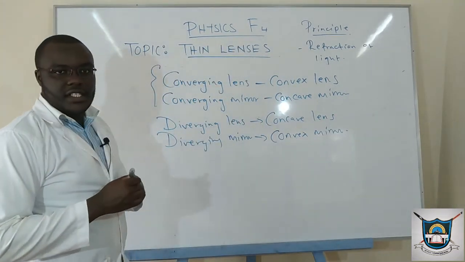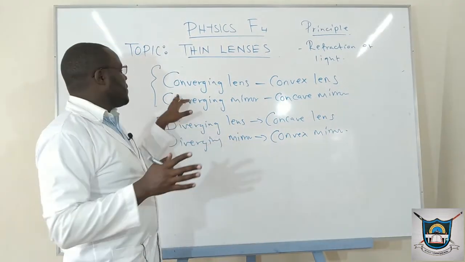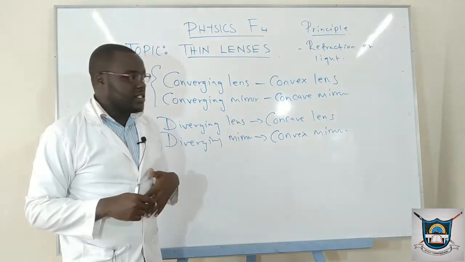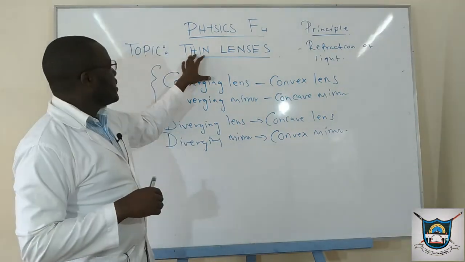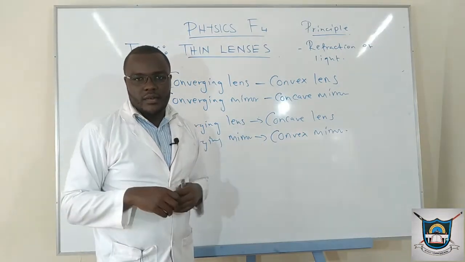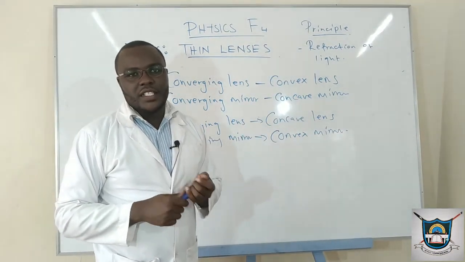So that's a very interesting thing to learn, that it's not always that converging things are convex, sometimes it changes. I'll leave you with something. Why is this topic known as thin lenses? Why thin? Why not thick lenses? Let us meet next time, and thank you for attending this lesson.